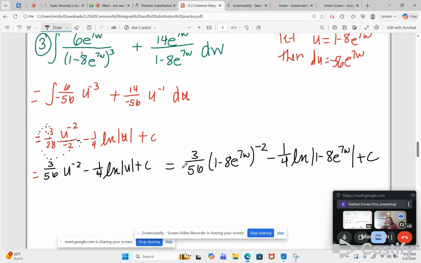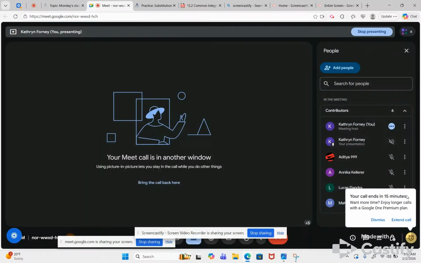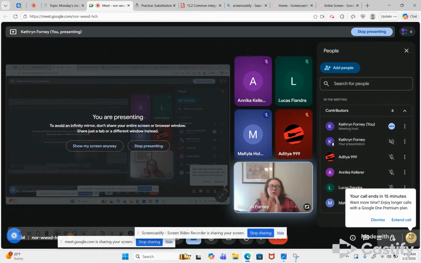And a lot of the little pieces here is just algebra. It's just remembering, simplifying fractions, multiplying fractions. And that's the parts that you have to just go slow with, make sure you're multiplying things correctly. So, does anyone have any questions?